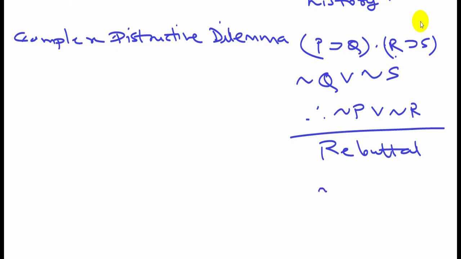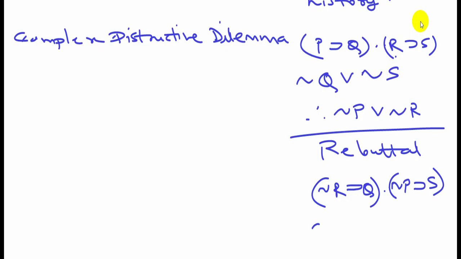So not R implies Q, right? And the P comes here, not P implies S. Then the minor would be, because we are denying the consequents, not Q, sorry, consequence.